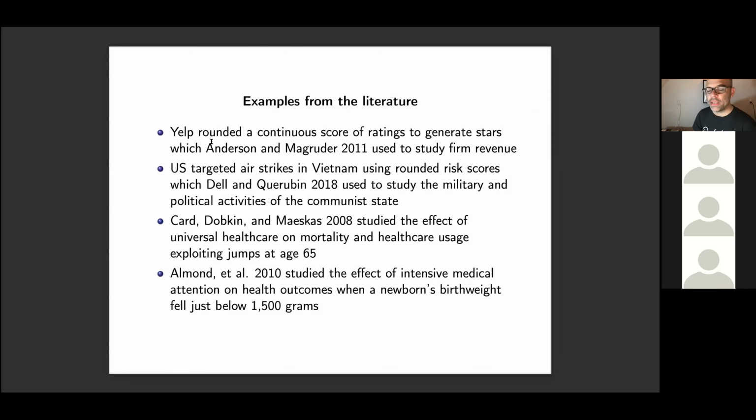So there's some great examples from the literature. I'm just going to discuss a few. There's a website called Yelp that's really popular in the United States. I think TripAdvisor is more popular outside of the United States.